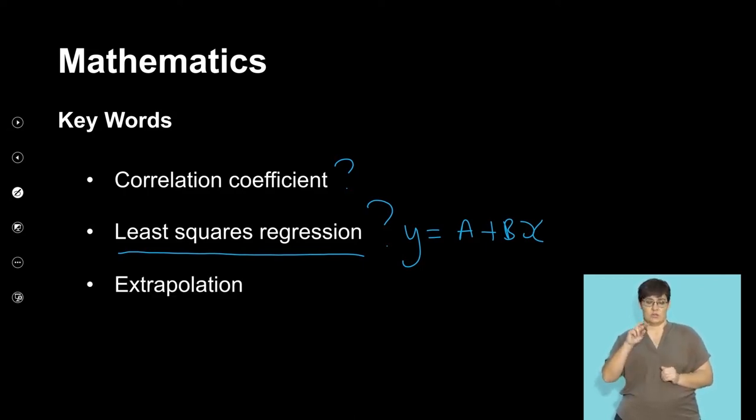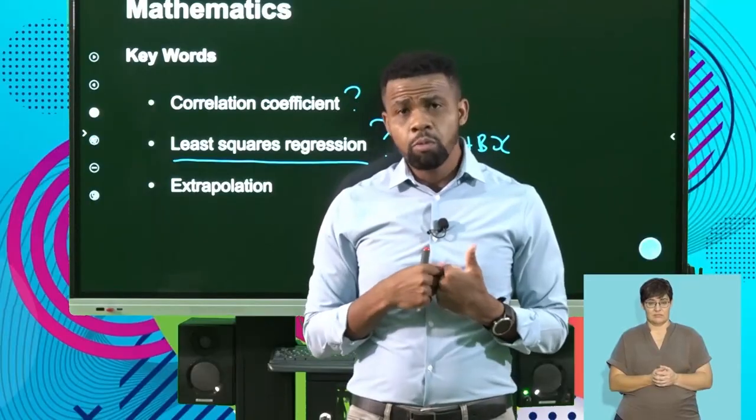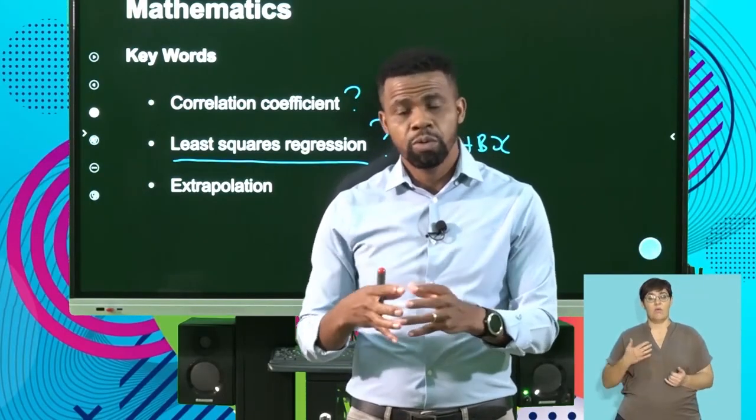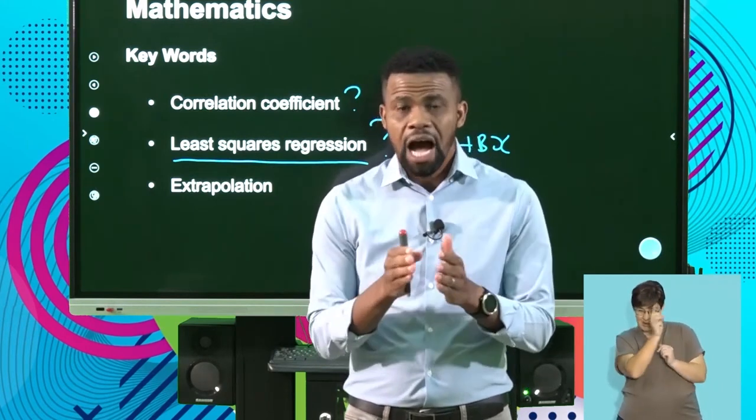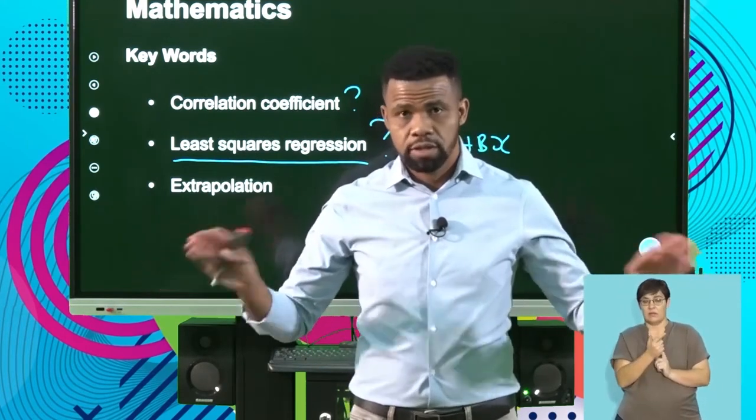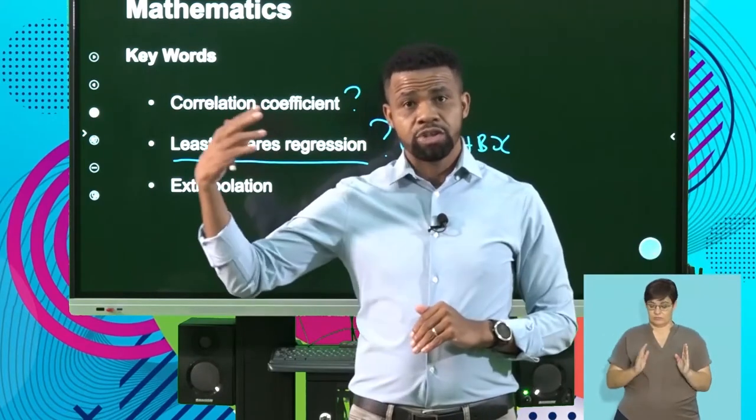Then extrapolation. Now, we have our least square regression, or the line of best fit. When we want to predict or forecast, if we predict outside the range of the data, we are extrapolating.